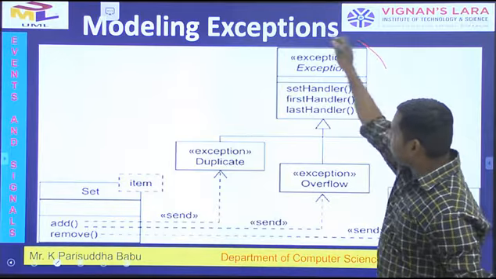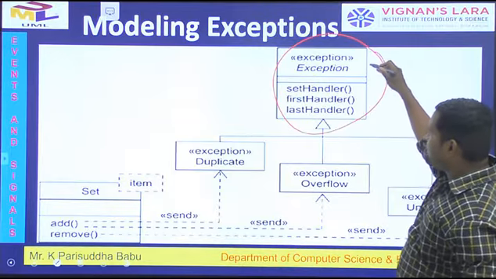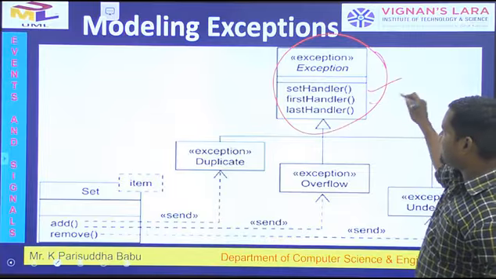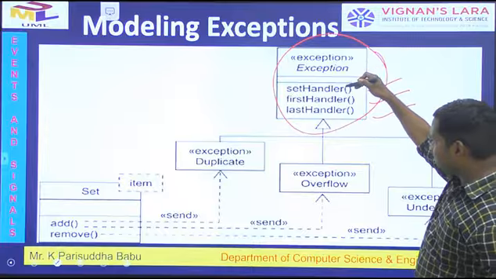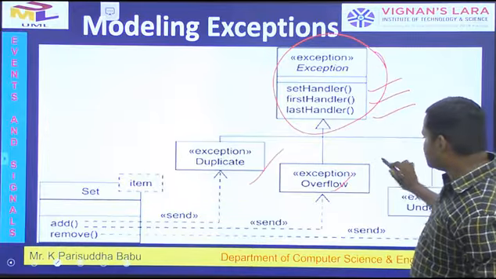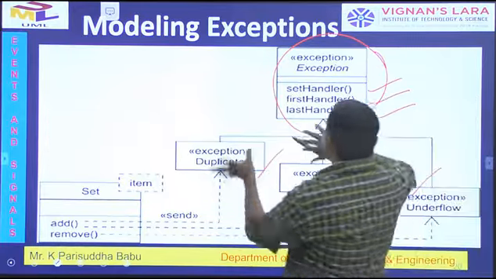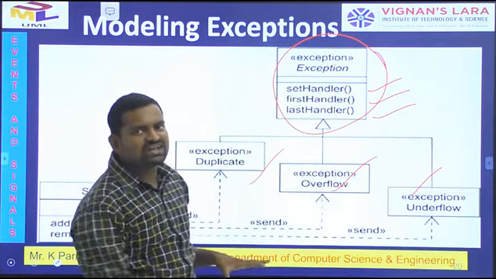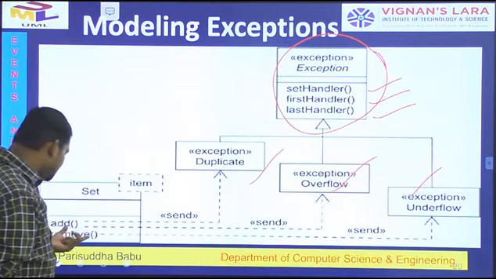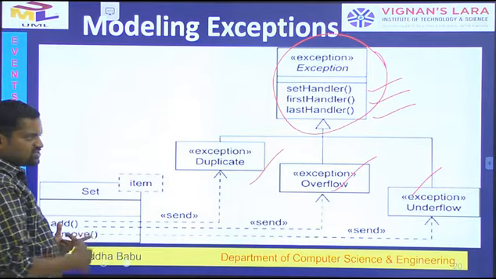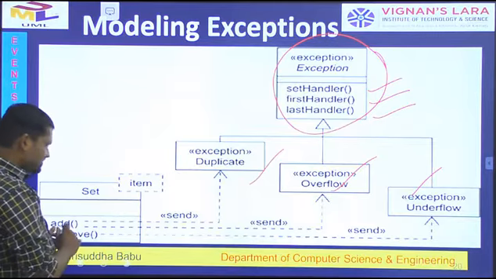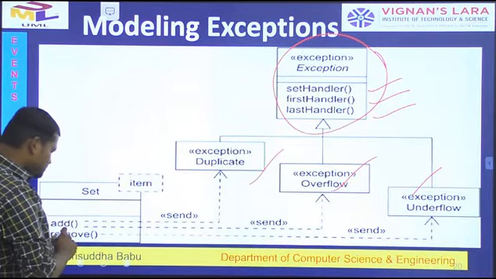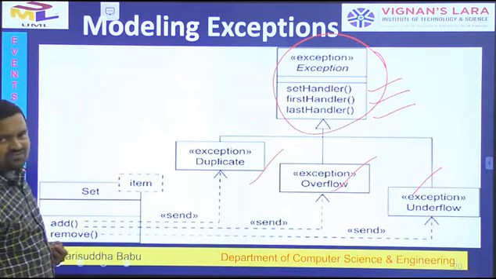This is one parent exception, and set handler, first handler, last handler are the exceptions. From this parent, many child exceptions exist. Among these exceptions you may also set operations using dependencies: add to the duplicate dependency, add to the overflow dependency, remove to the underflow dependency.